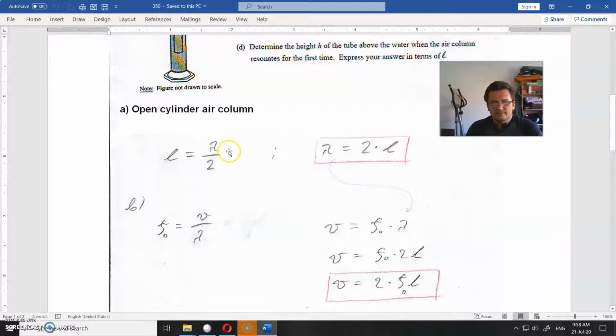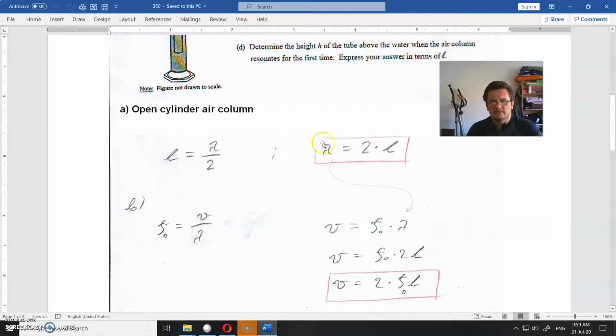And we know that wavelength is actually 2 times L. So the speed of this sound in this air column is 2 times f0 times L. And this is the solution under B. And this is the solution under A.